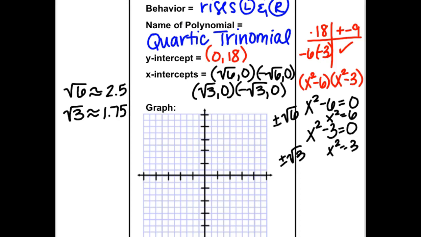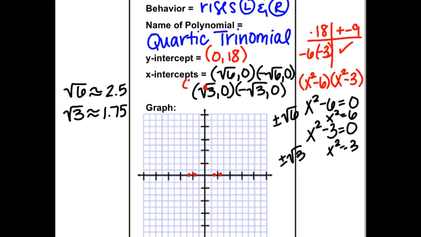So, like I said, these are sketches. They don't have to be super specific. So we're going to graph at plus 2.5, minus 2.5, plus 1.75, minus 1.75. And we have a y-intercept of (0, 18).